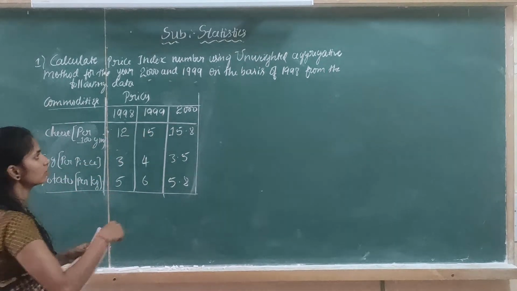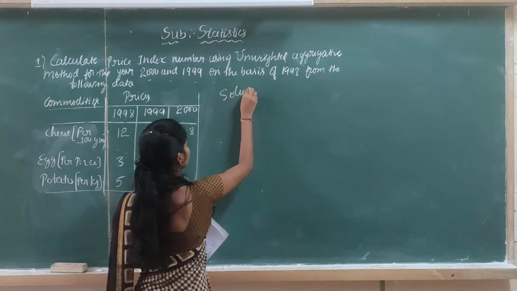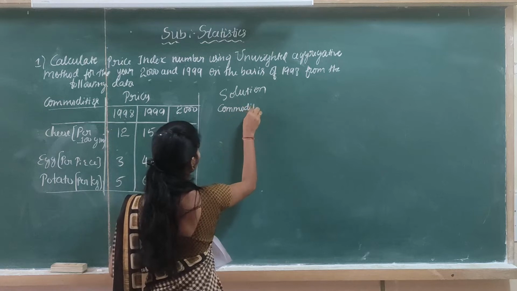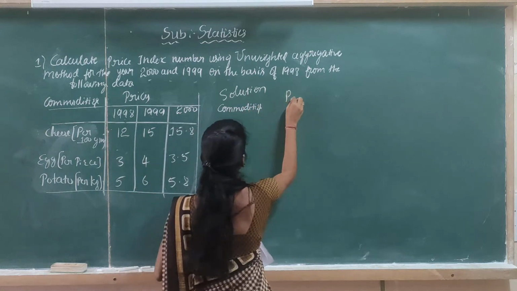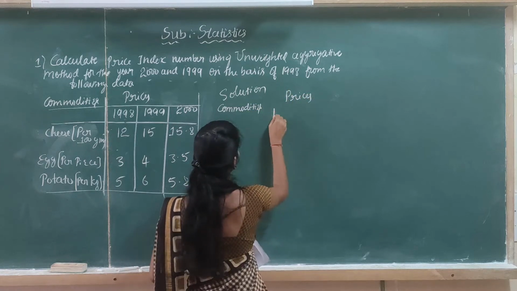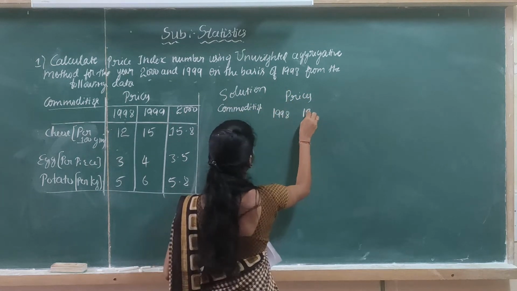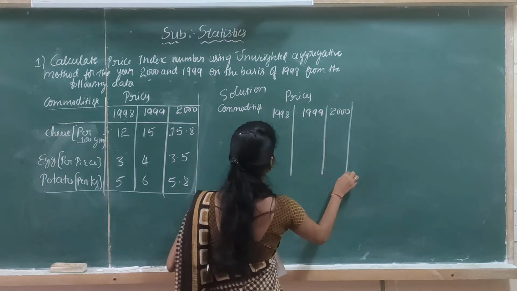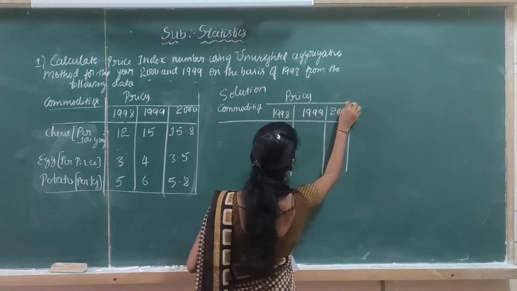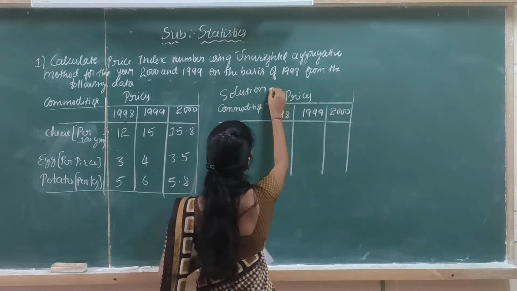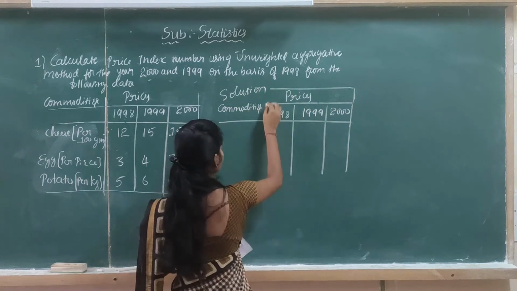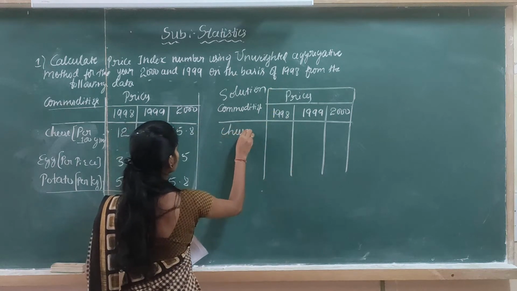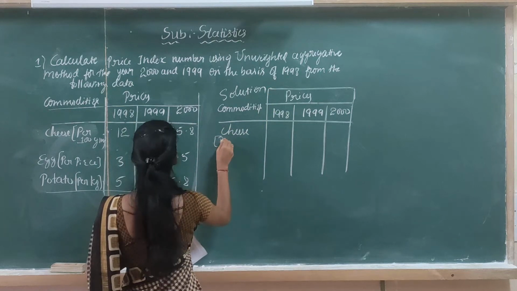In this problem, first you have to write the solution: commodities, then prices. In the prices, 1998, 1999, then 2000. So in the commodities, cheese is per 100 grams.